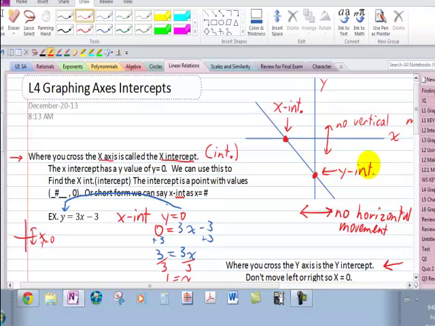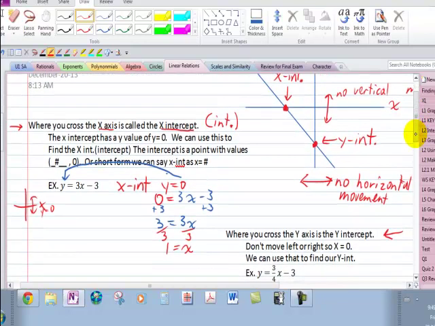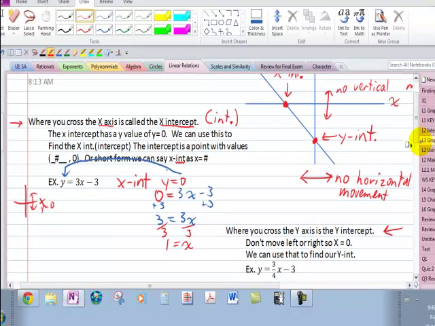It is where you're crossing your y-axis. Very easy to graph. So if x equals 0, then we can use that to find our y-intercept. And again, int. stands for intercept, so use that a lot.